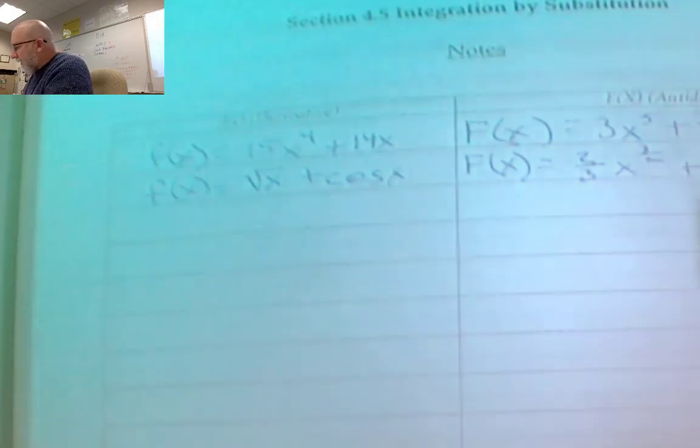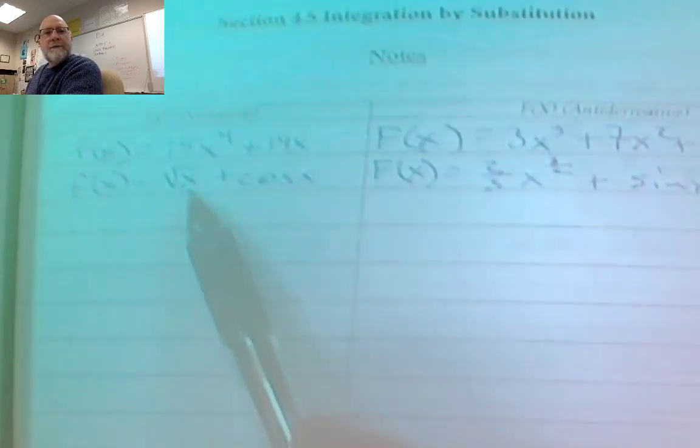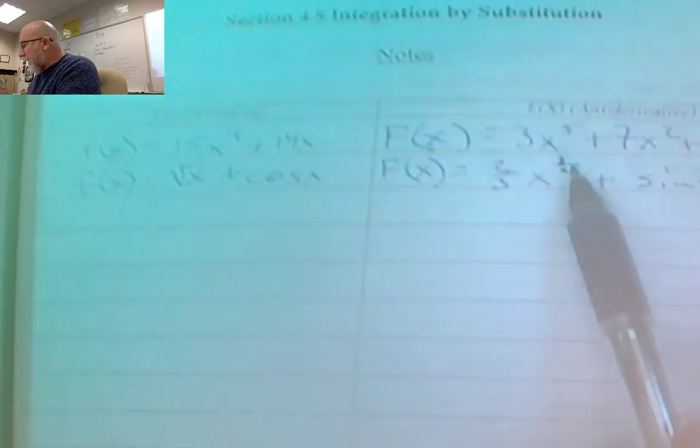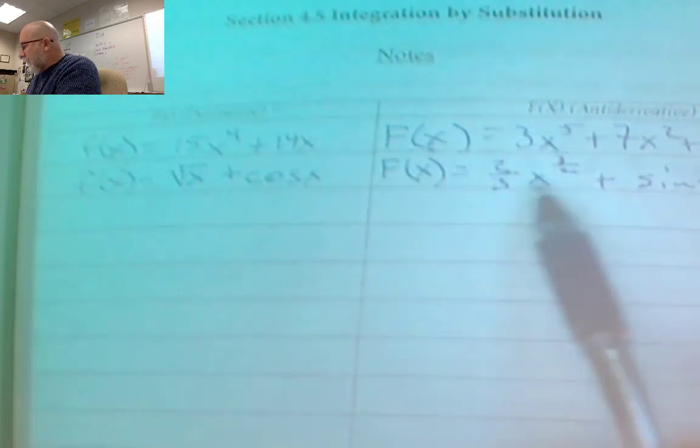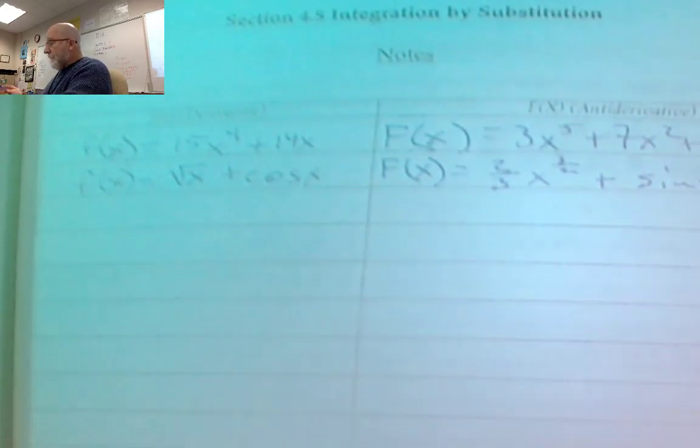So let's take a look. You knew this was to the 1/2 power, correct? And you said that's x to the 1/2. So if I add 1, I get 3/2. I have to multiply by the reciprocal. And then the antiderivative of cosine is sine. If I take the derivative of those, sure enough, I get that. Everybody okay? Okay, so what are you going to do on this one?